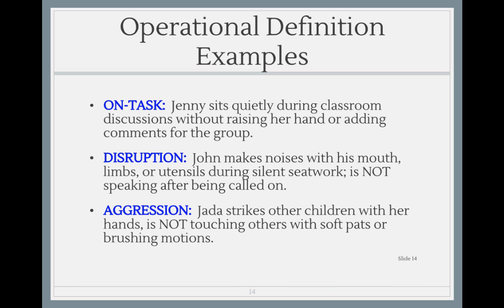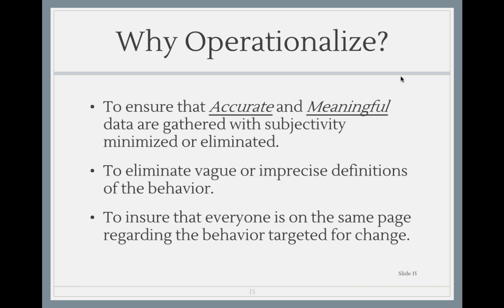Disruption is not speaking after being called on. And an operational definition of aggression: Jada strikes other children with her hands. Aggression is not touching others with soft pats or brushing motions.